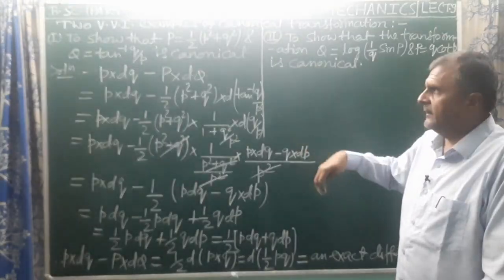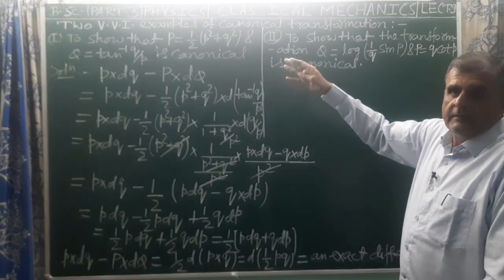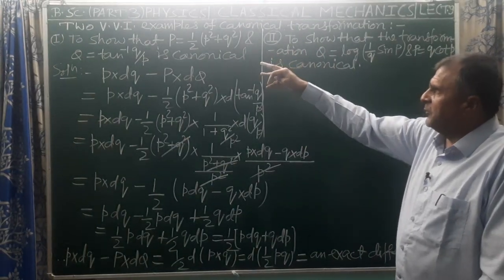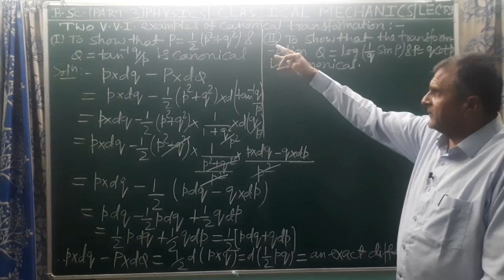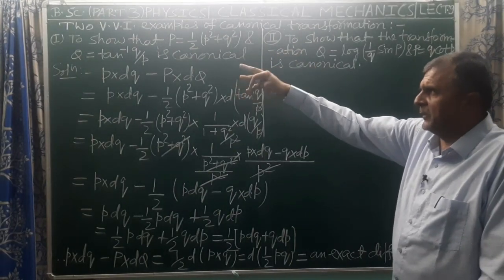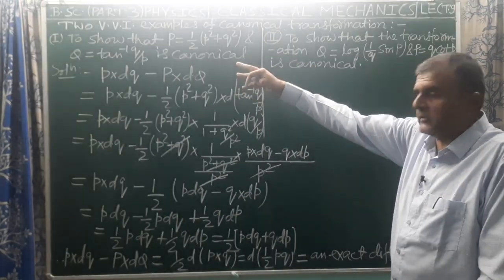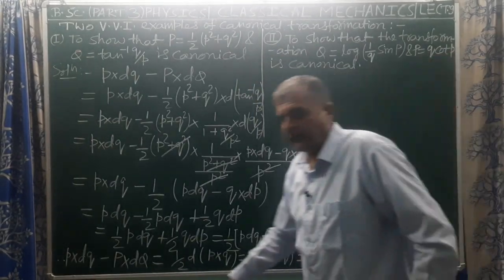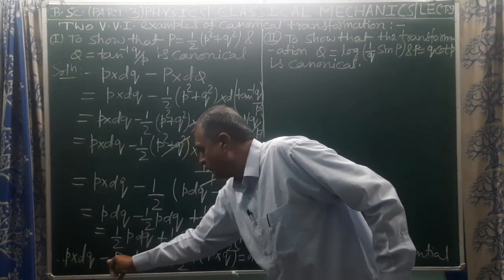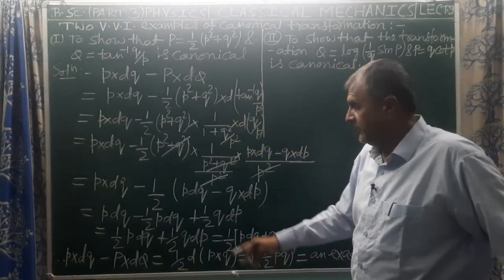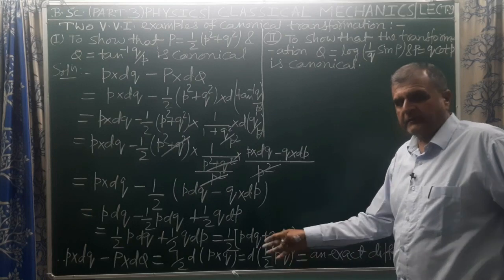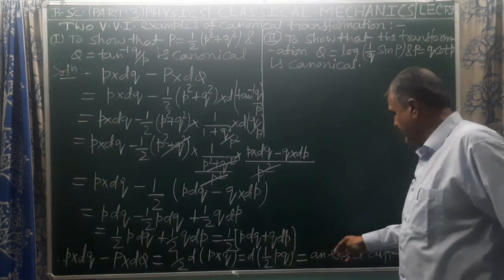Now it is proved that the given transformation capital P equals 1 by 2 under bracket a small p square plus a small q square, and capital Q equals tan inverse of p upon a small q, is canonical, because the product of a small p into d a small q minus capital P into d capital Q is a differential of 1 by 2 PQ, that is an exact differential.